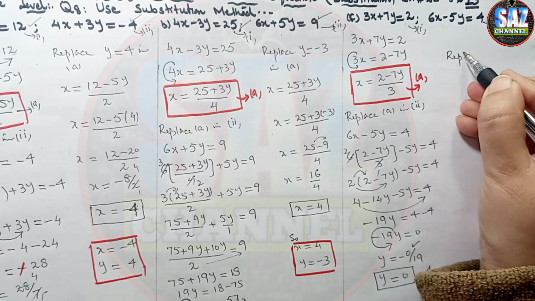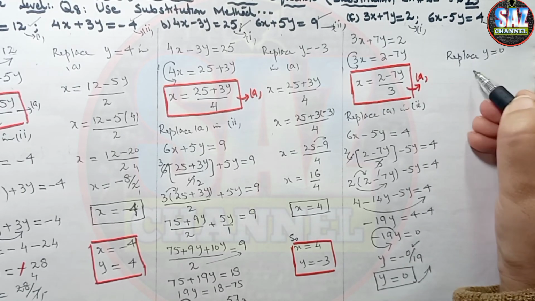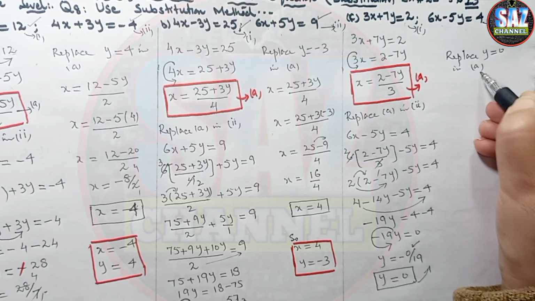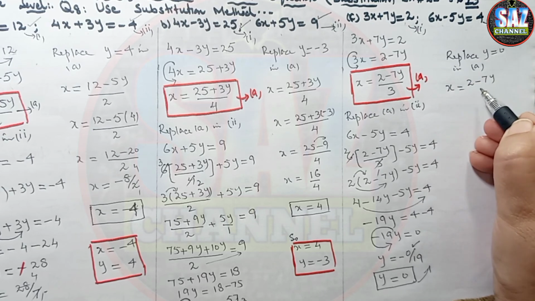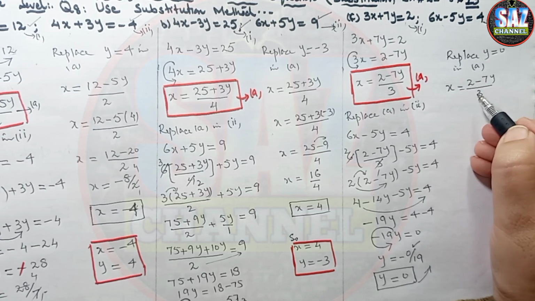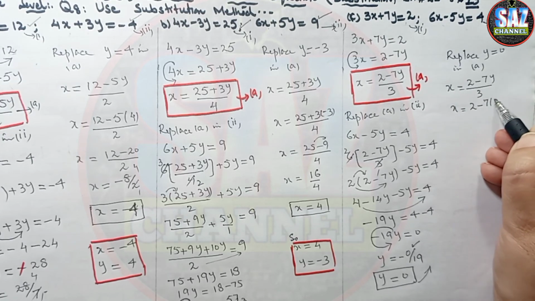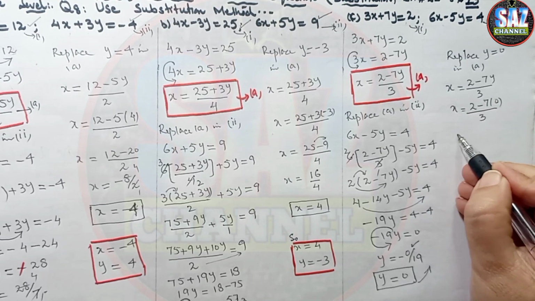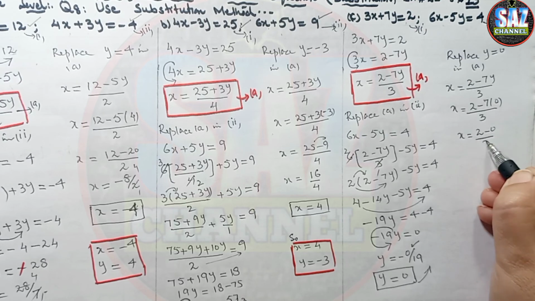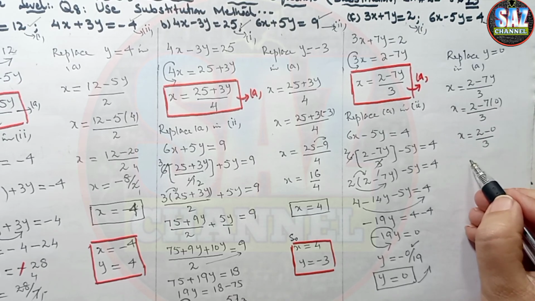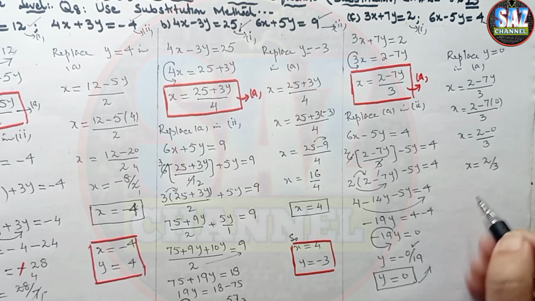Replace y equals 0 in A. Now x equals (2 minus 7y) by 3, and x equals (2 minus 7 times 0) by 3. x equals (2, 7 times 0 is 0, minus 0) by 3. When I take away 0 from any number, I am left with the same number. So x equals 2 by 3.